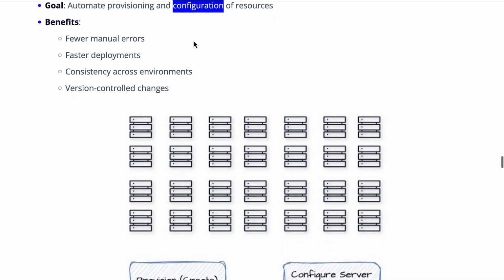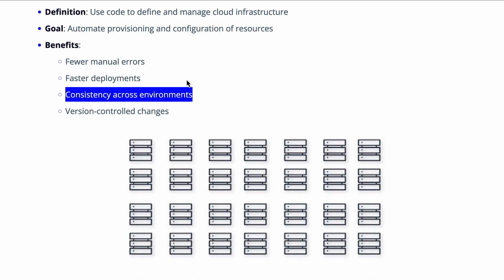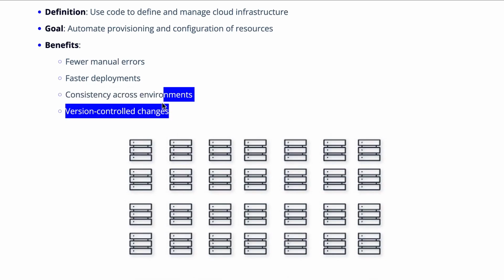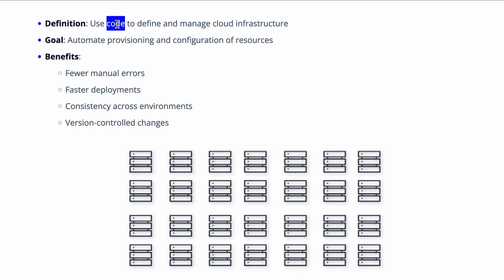The advantage is fewer manual errors and faster deployments. You'd also have consistent environments because we are automating everything. There is no chance that there will be differences between environments. And you can version control your changes. That's the advantage of using code. Just like your application code, you can also start having your infrastructure code under version control.